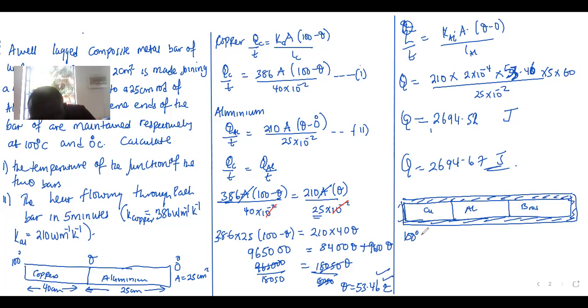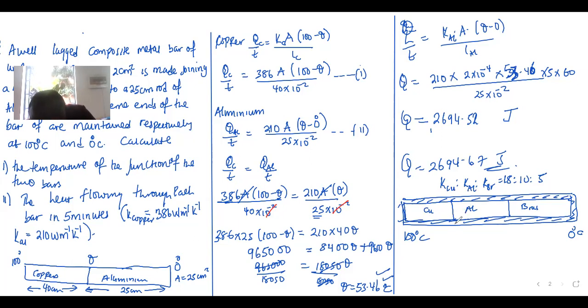This side is 100, this way is 0. The ends of the composite rods are maintained at 100 and 0. Given that the coefficients of copper to aluminium to brass are in the ratio 18 to 10 to 5, determine the equilibrium temperature at the copper-aluminium and aluminium-brass junctions.